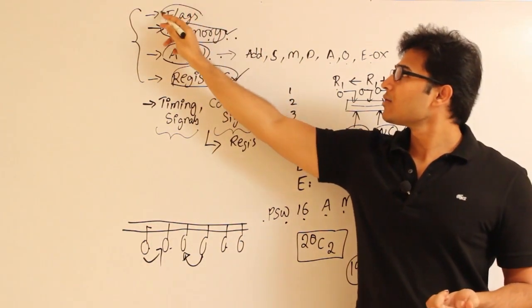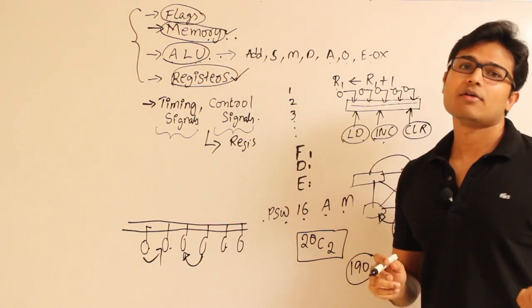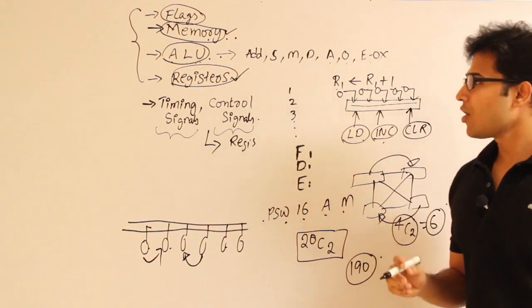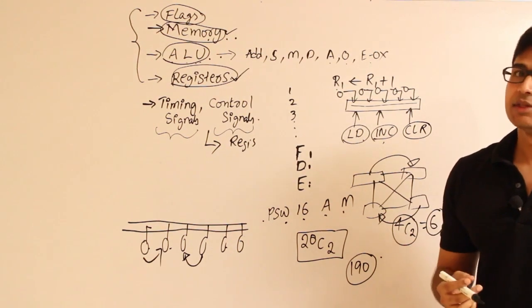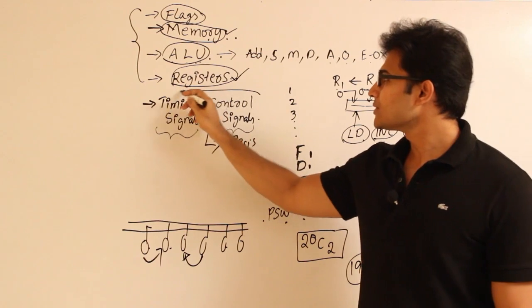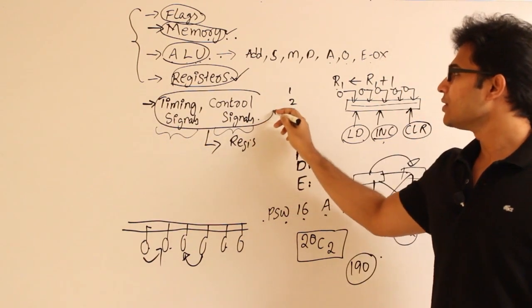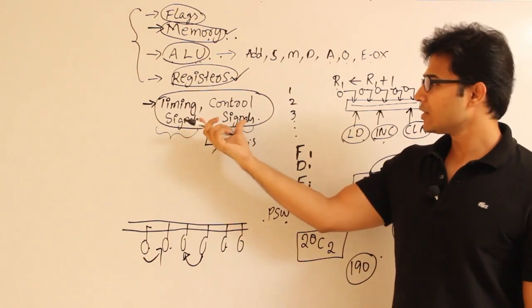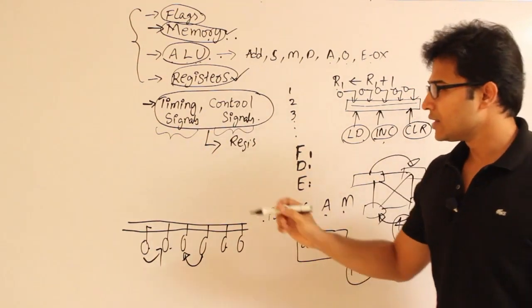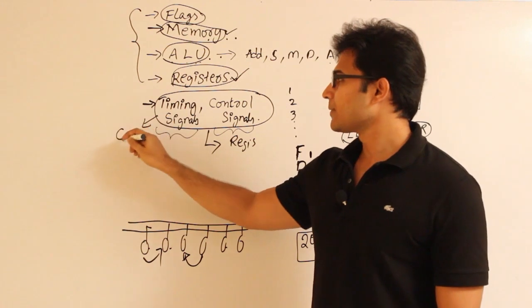And we need control signals to set or reset the flags. So for all these activities we need someone to produce the control signals. And this part of the hardware, which is responsible for these things, is generally called the control unit.